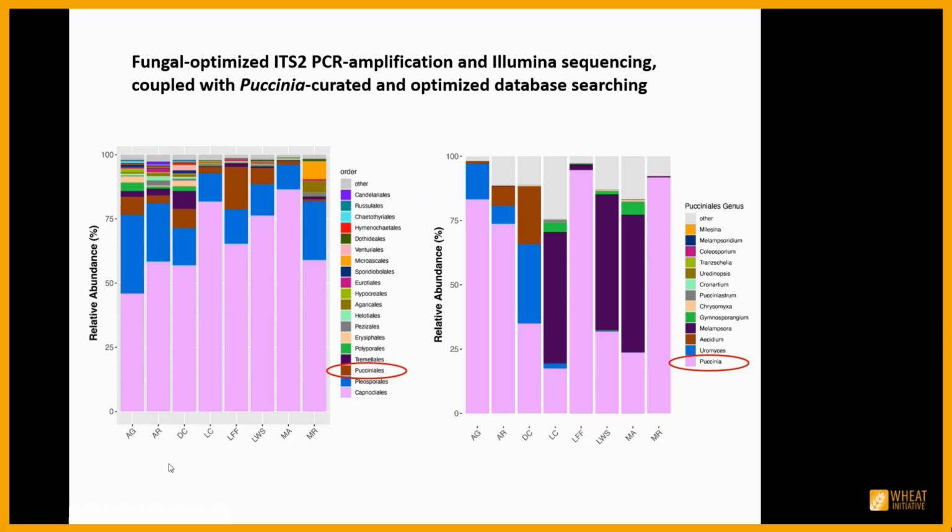They have specific pipelines that can identify the ITS sequences very quickly and assign them to different fungal species. I pointed out here the Pucciniales, which are the brown, and these are the different sample sites that we used. More specifically, looking at which Pucciniales we have, the genus Puccinia here is in purple. We could identify that.